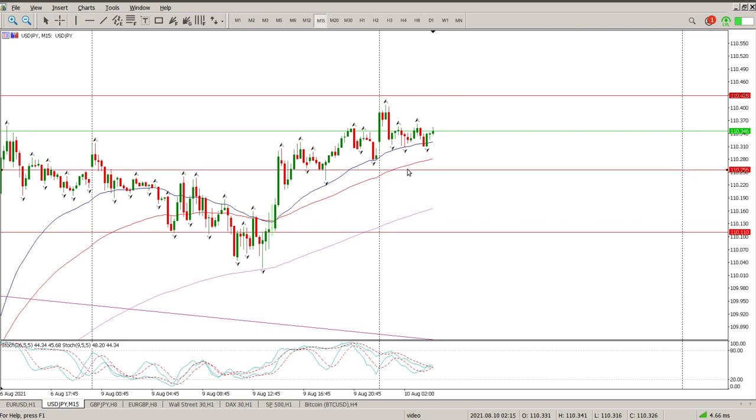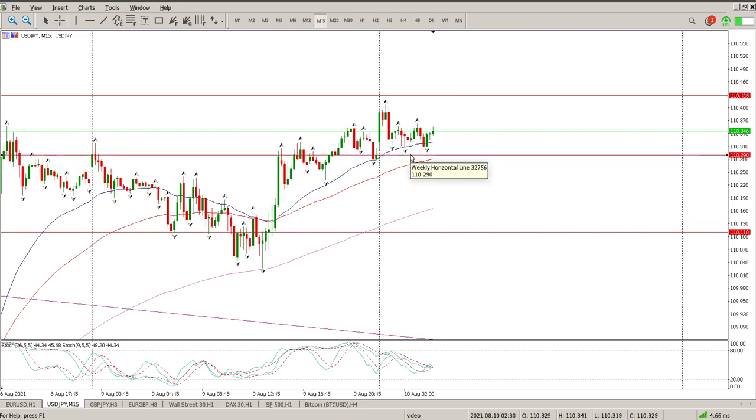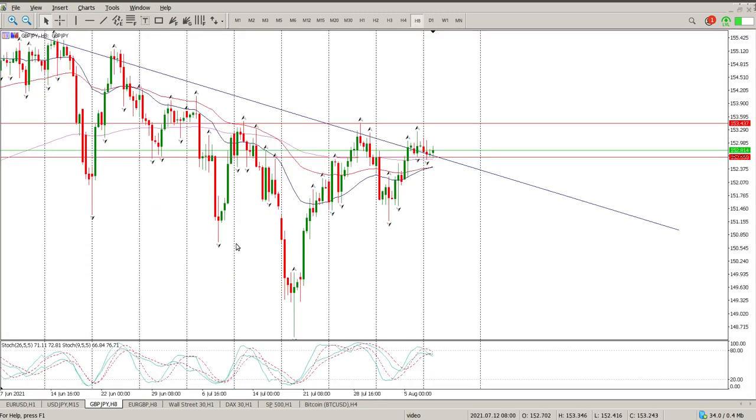So there you go. There's a gap there. I don't see anything further down. Everything else looks fairly straightforward. So this is the area I'd be watching. 110.290. See if we can get some structure off that today, and then for a move up to 110.428. If we break that, then we've got a much bigger move on the cards.